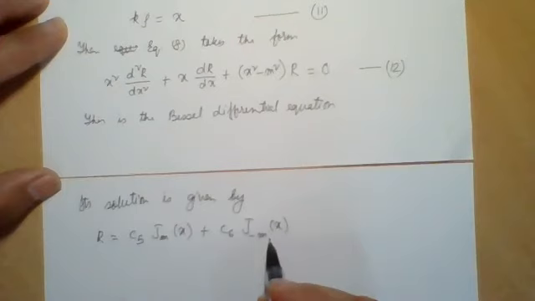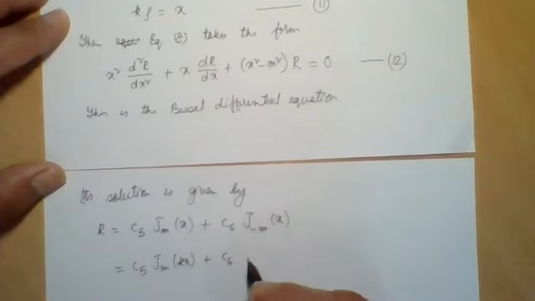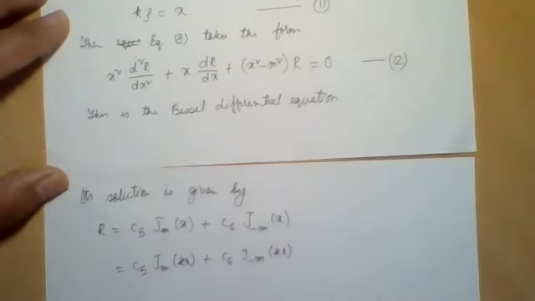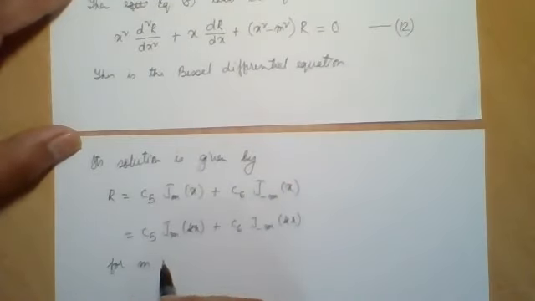And if we put x equal to k rho here, we get C5 J_m(k rho) plus C6 J_minus m(k rho).